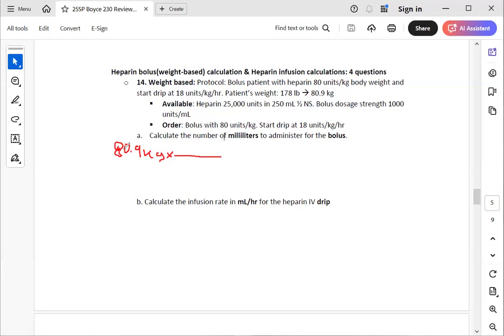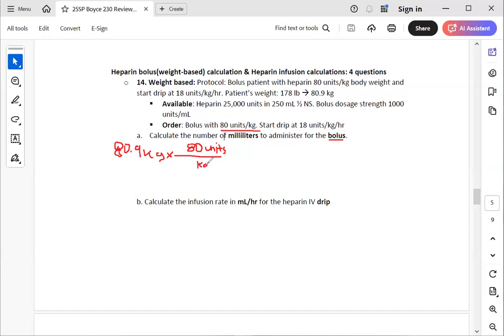And what we're going to do is take that 80.9 and apply it towards the bolus dose, because that's what we're calculating, of 80 units per kilogram. So I'm just going to write 80 units here, and that's per kilogram.